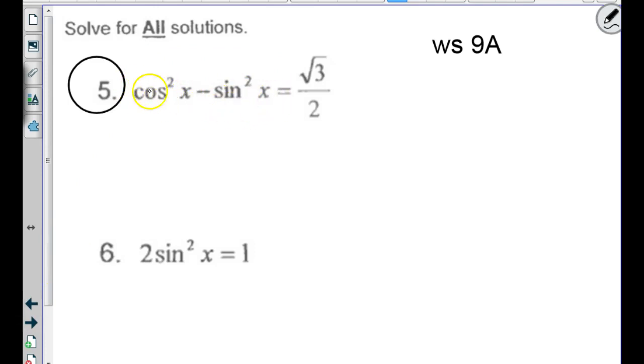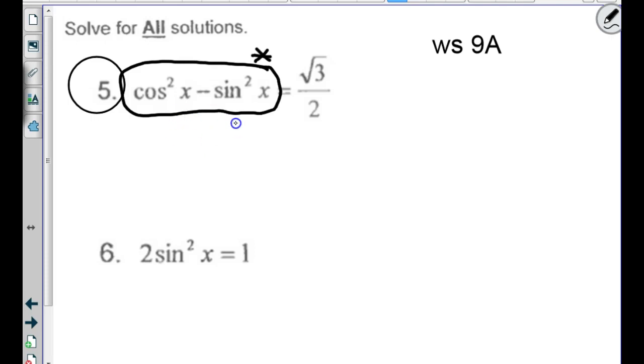The problem is if I change this for a 1 minus sine squared, and I'm going to have to move this over to equals, it's just going to be a mess. Okay, you actually maybe could work with that, but what is this equal to? No, if it's cosine squared plus sine squared, it equals 1.